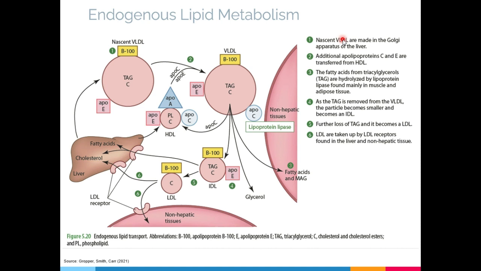Especially in the liver, the Golgi turns those proteins and lipids into VLDL. Remember that it's B100 in the nascent VLDL, and there is also apo E.